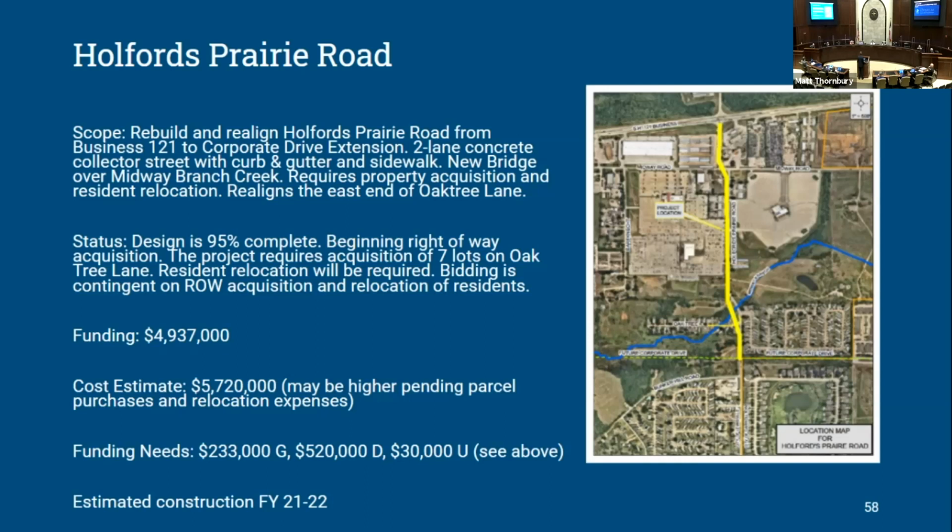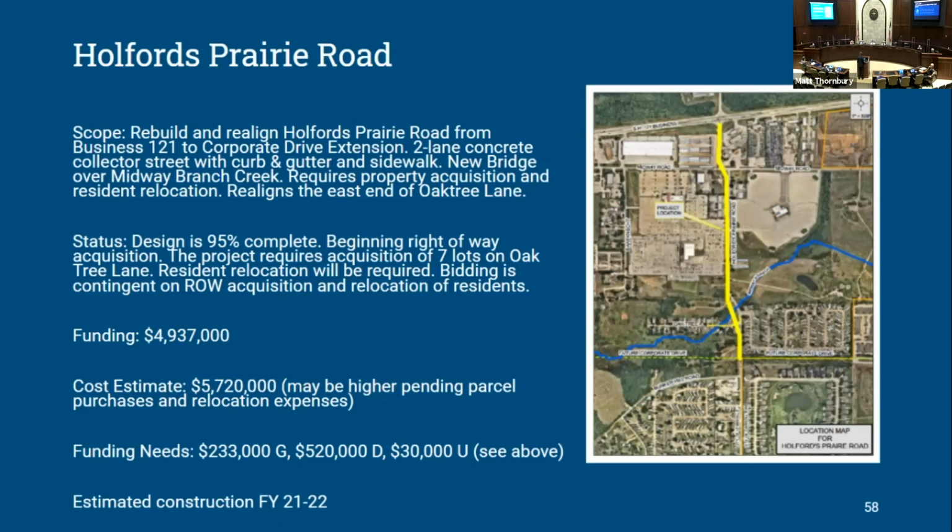The main reason for that is because the road elevation is going to be so much higher than it is now to get over the floodplain, that there is no reasonable way to provide access for some of those lots on Oak Tree Lane. They're close to Holford's Prairie Road. Of course, some of those lots are occupied, and so this will involve resident relocation, which is an entirely added dimension.